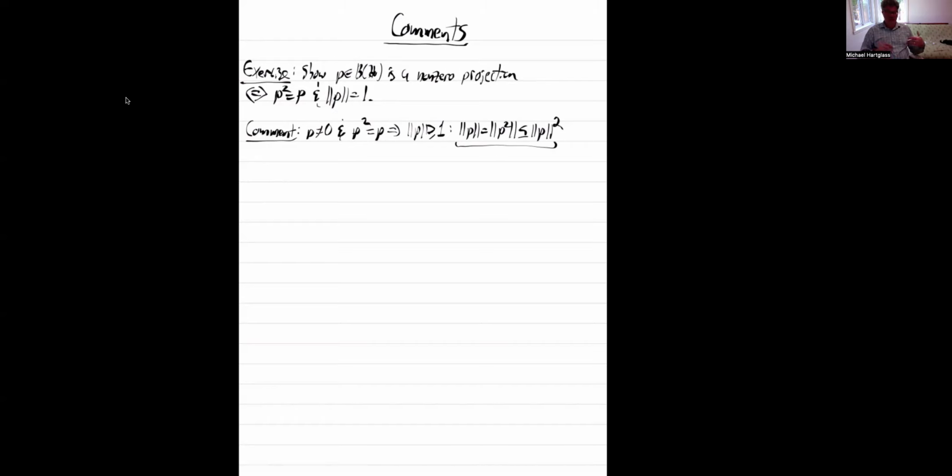1. And maybe another comment, something to think about for the future, is that this is a good analogy. Projections, we're going to think of them as the indicator functions of operators.